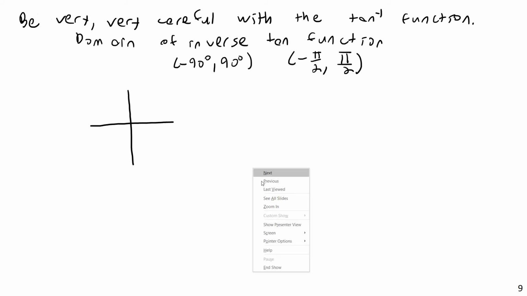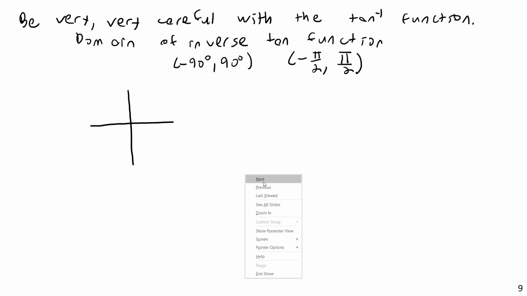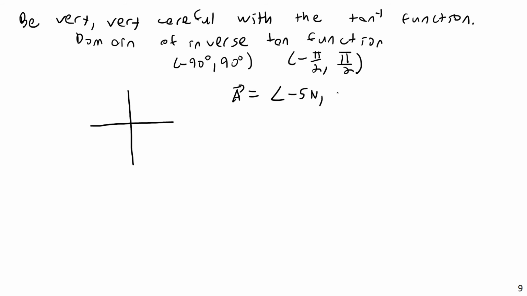Let's say I am told that vector A has components of, oh, I don't know, let's say -5 newtons, comma, 6 newtons. So where does this lie?